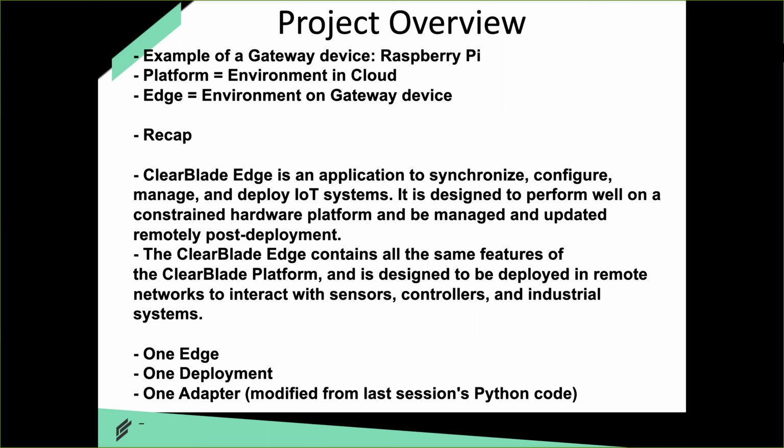Now that Python code ran on our computers last session, but it could very well have run on a gateway device like a Raspberry Pi. No reason that should not have been possible. As long as an internet connection was maintained between wherever the Python code was running and the MQTT broker within our system in the cloud, then everything would have been fine last session.